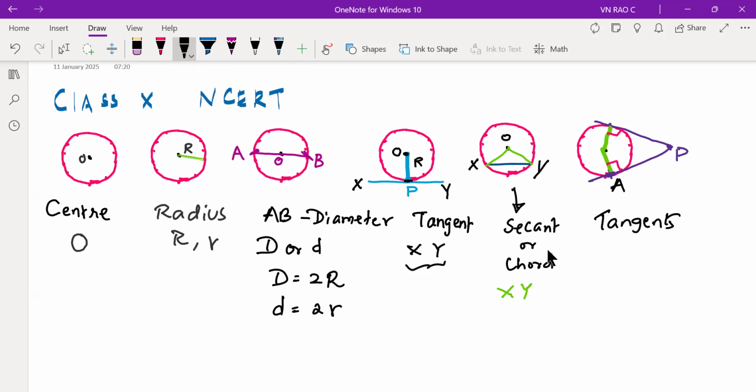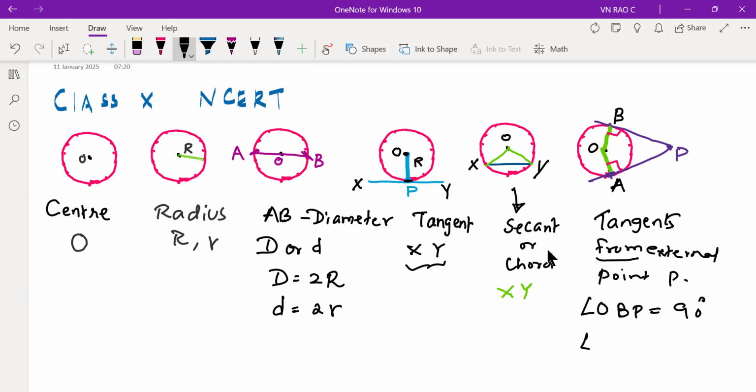Let me name these points A and B, and this is O. Tangents from external point P: from any external point P, we can draw only two tangents at the maximum. So the angle OBP is equal to 90 degrees, and angle OAP is equal to 90 degrees. We'll see this further in the next lecture.